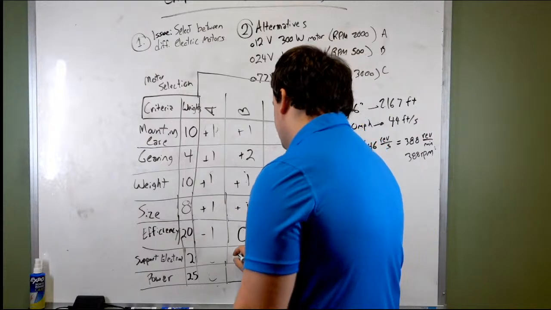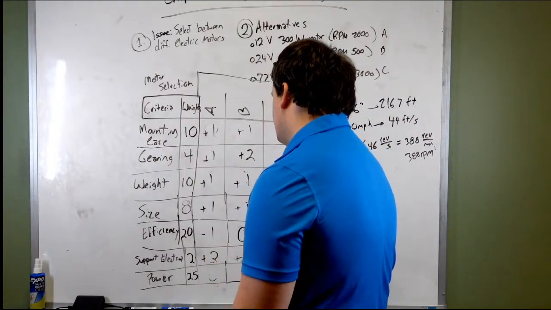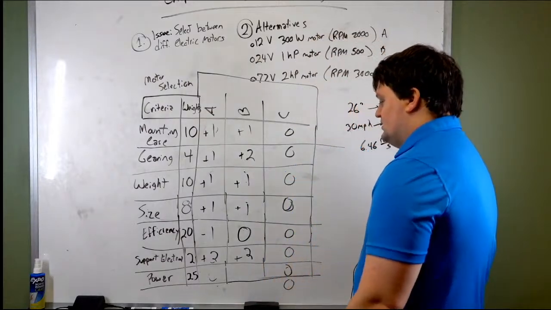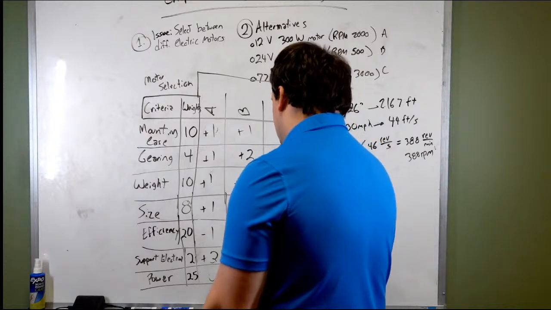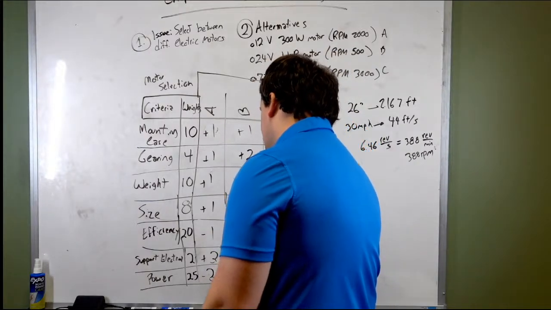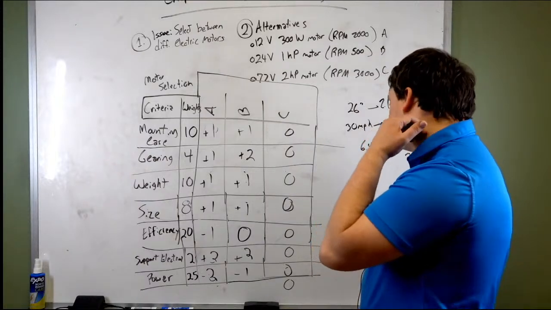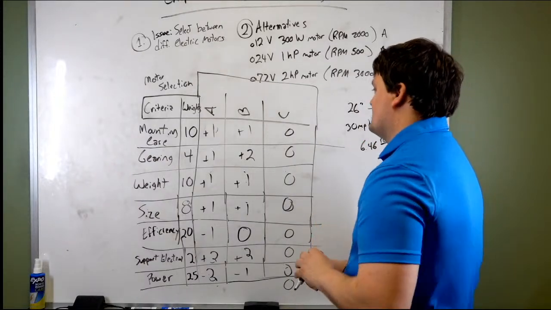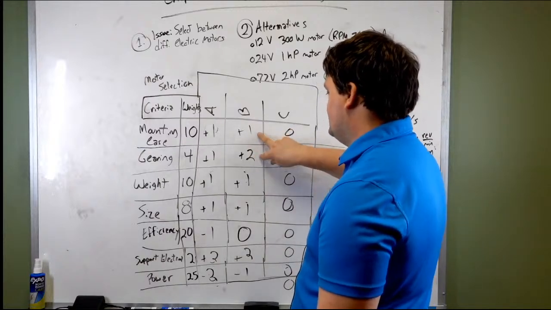As far as support electrical, these are both much easier to work with than a 72 volt system. And then as far as power goes, this has less power, this has much less power. Okay, so we go through this now and we calculate all the numbers. So mounting ease, this is a 10. This is an 18.